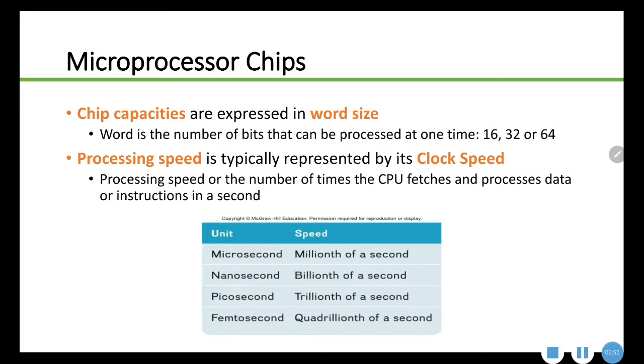So the higher the processing speed, the better and faster the microprocessor. The higher processing speed means it takes less time to process information or data. And of course the price is more expensive.